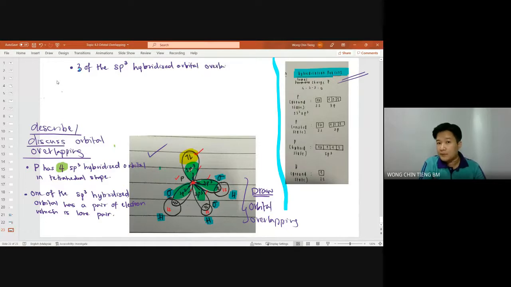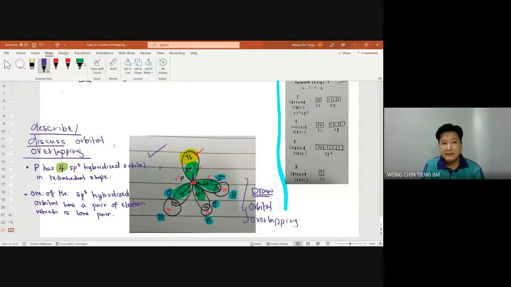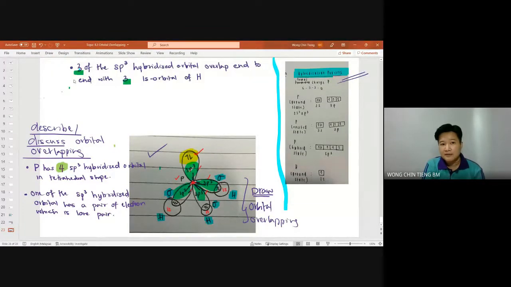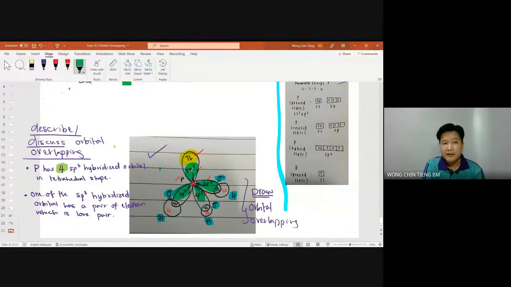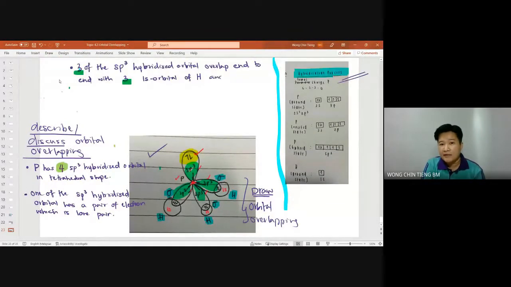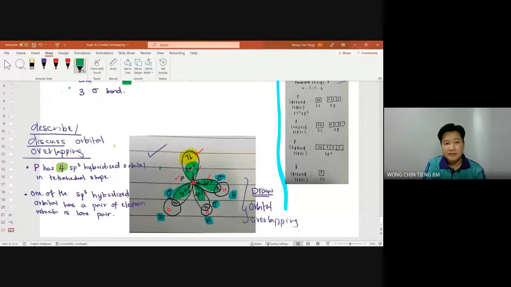Overlap. Overlap macam mana? Overlap n to n. Overlap n to n with siapa? With 3 1s orbital of hydrogen. Okay. Nampak tak teknik saya gabung? Senang je. 3, 3. Tak habis lagi 3 tu. And produce what? And form 3 sigma bond. And you are done dah.